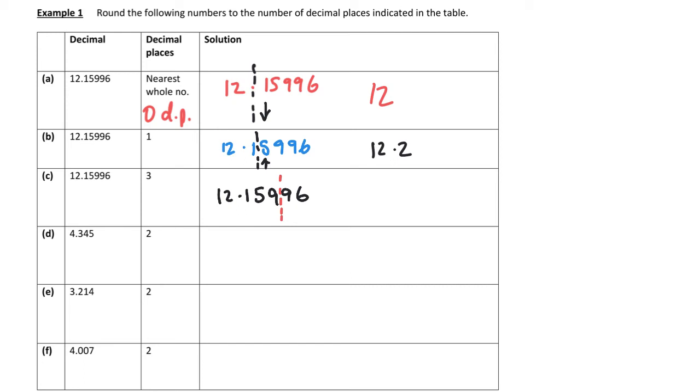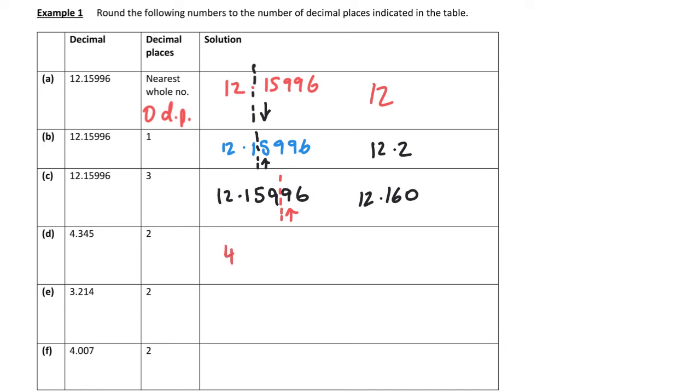We're going to round up, and this time the 9 is going to have to change to a 10, which means we'll put a 0, we'll carry the 1, and the 5 will also change up. So what we'll be left with is 12.160. And it's really important we keep the 0, otherwise we're not going to have 3 decimal places in our answer.